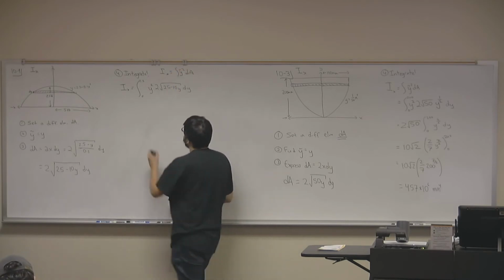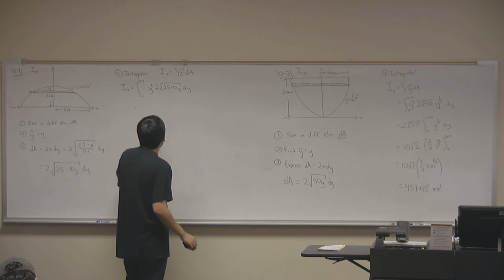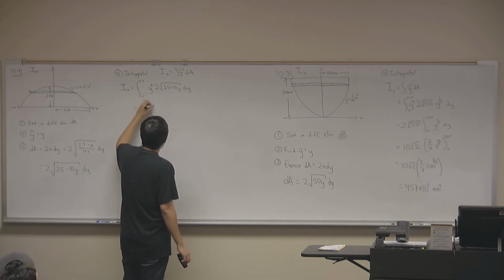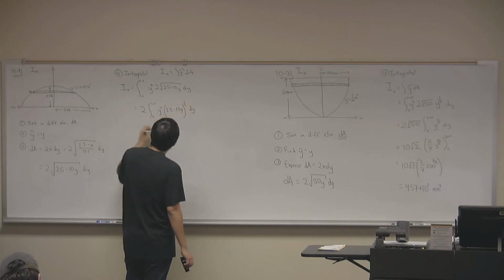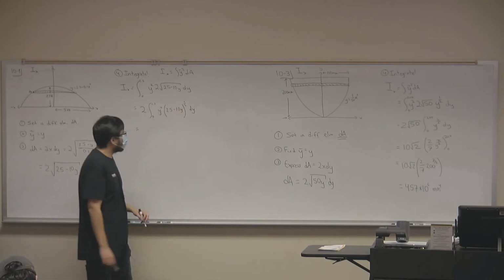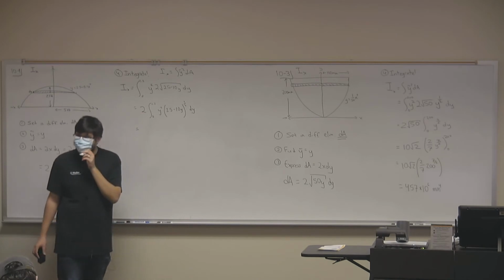Good. Let's take out the constants, just the 2. We have the integral from 0 to 2.5 of y squared, and I'm going to write the square root in exponent form. What's that integral?